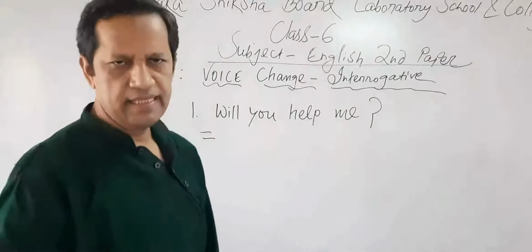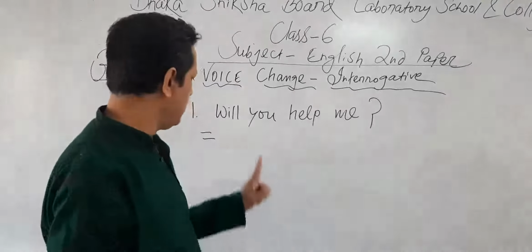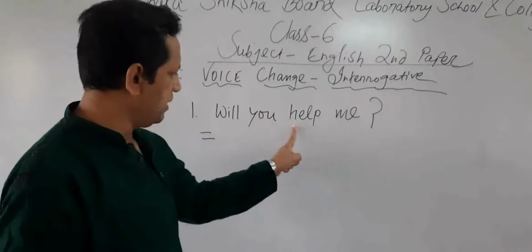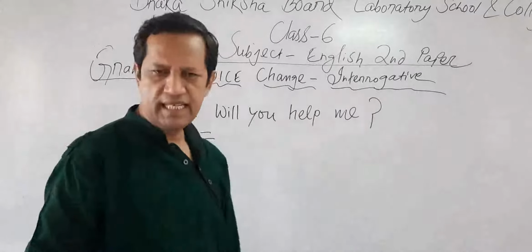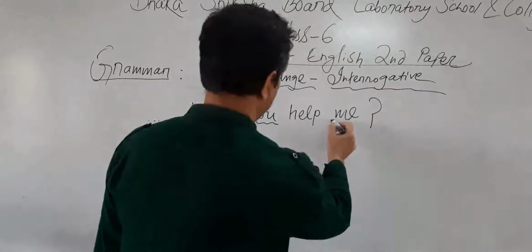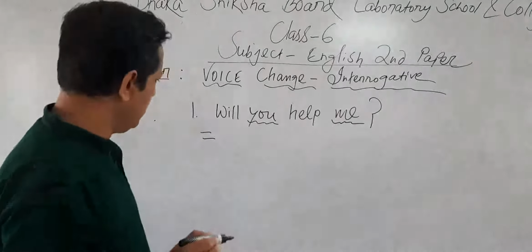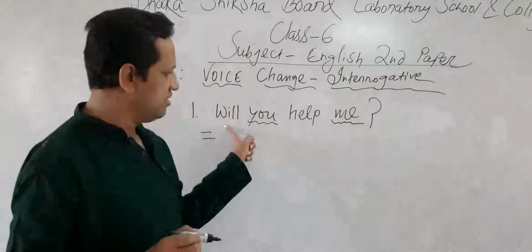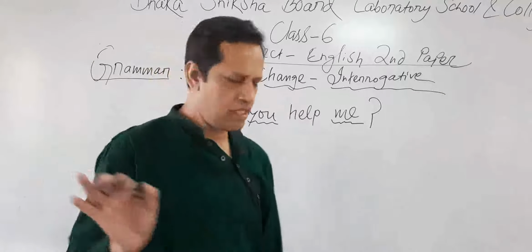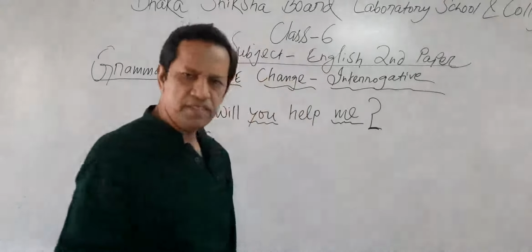Look, there is a sentence. I have written a sentence on the board, and the sentence is, will you help me? Here, in this sentence, subject you and object me. That's why you have to change the sentence into passive, but remember that this is an interrogative sentence.